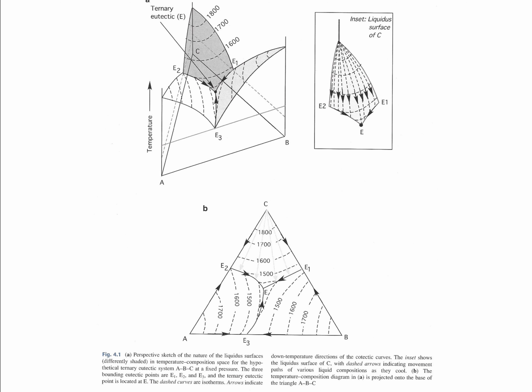That means on this surface, mineral A and B, along this line is between mineral A and C, and along this line is between mineral C and B.